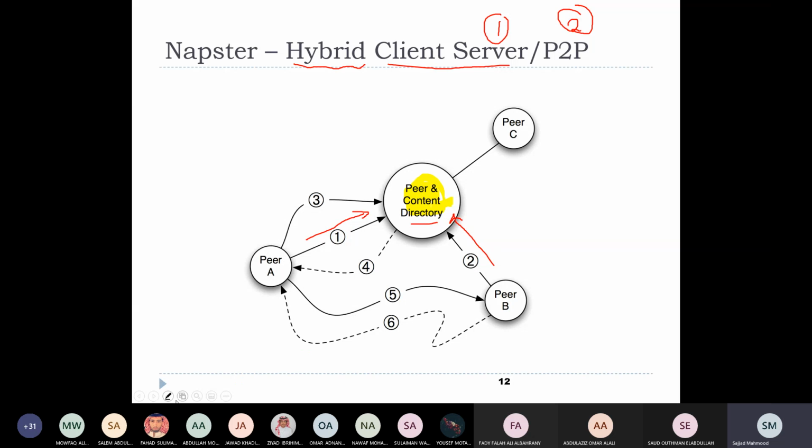So let's say A, B, and C have registered themselves, and the content directory is now aware of the files A is sharing, B is sharing, and C is sharing.